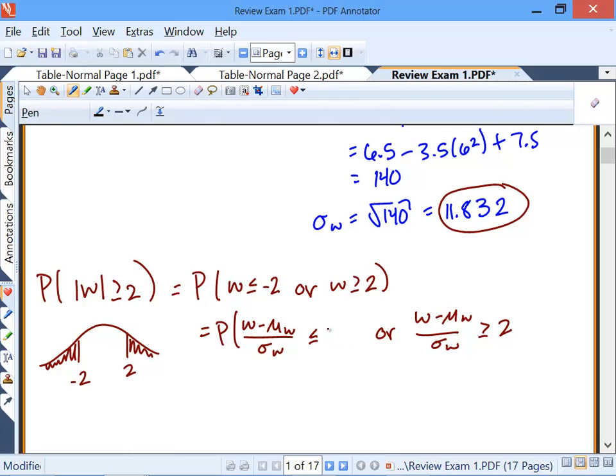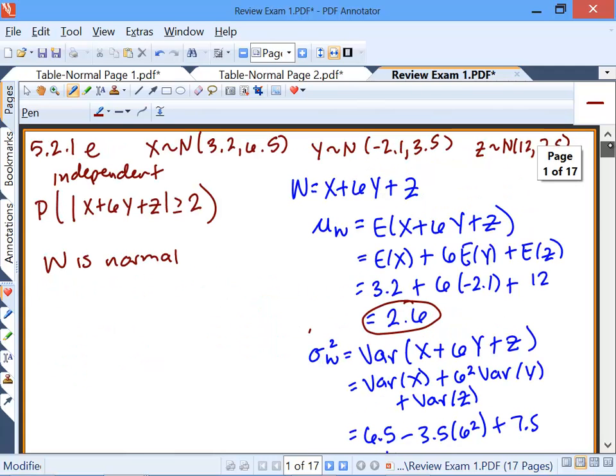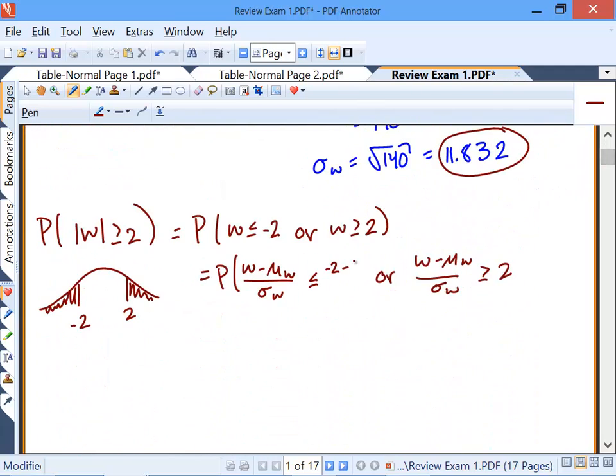I forgot to actually standardize the number. So negative 2 minus my mean of 2.6 divided by my standard deviation of 11.832. And 2 minus 2.6 divided by 11.832.